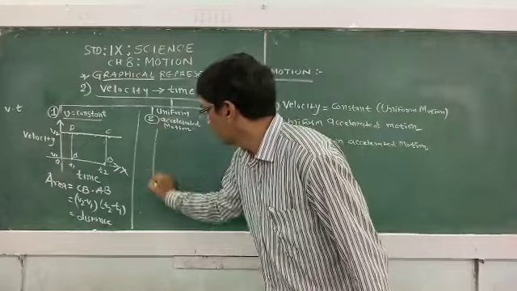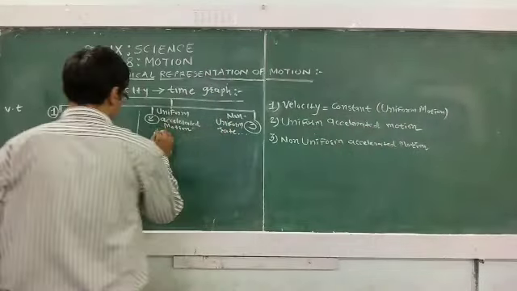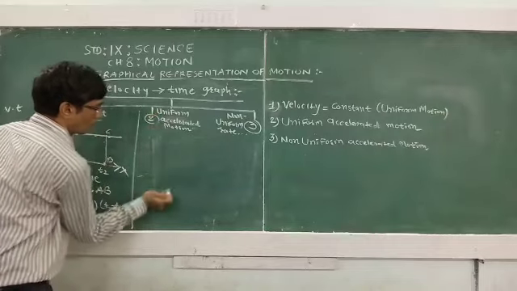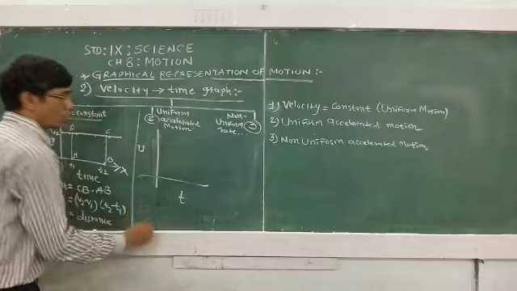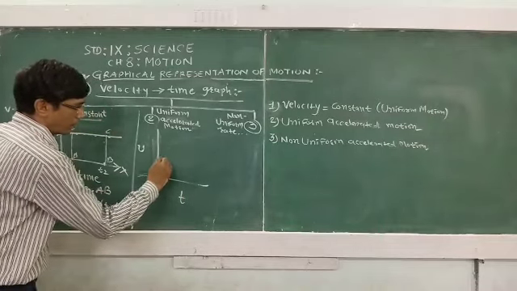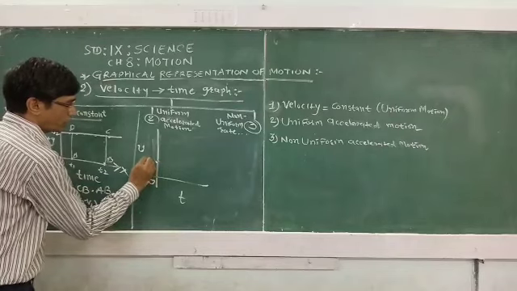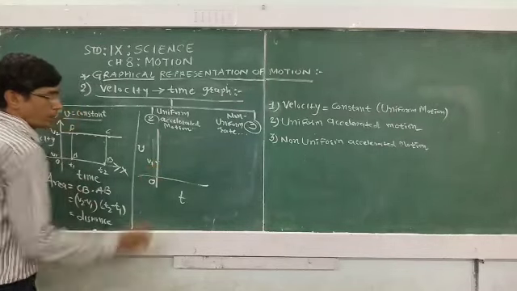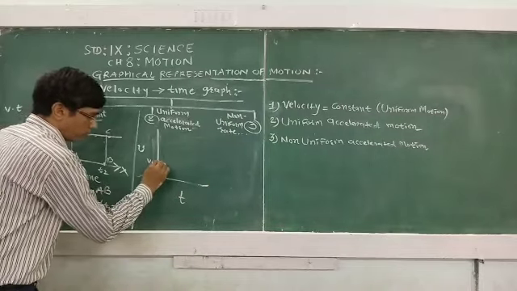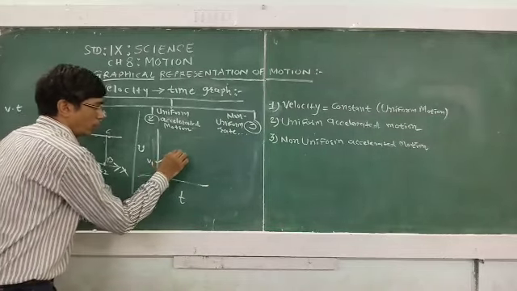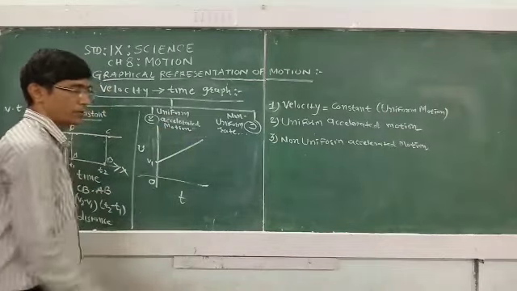In that case, we can take the velocity versus time graph. Let us take at the 0 time, that is from initial velocity, we can take the v1. And as the time is increased, the velocity is changed uniformly. So this is the straight line graph here.